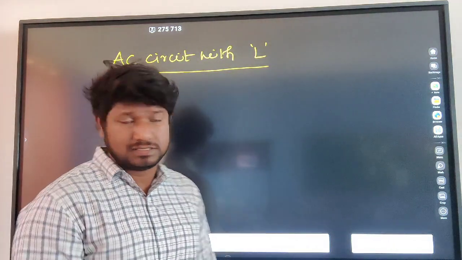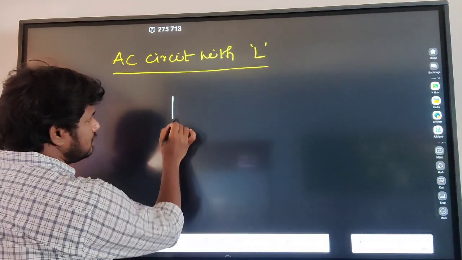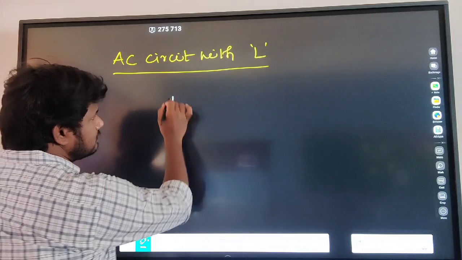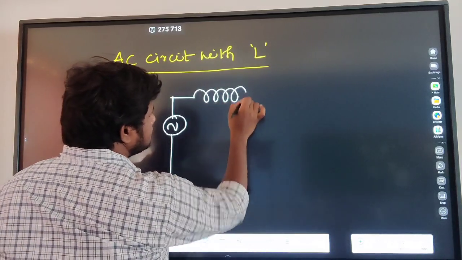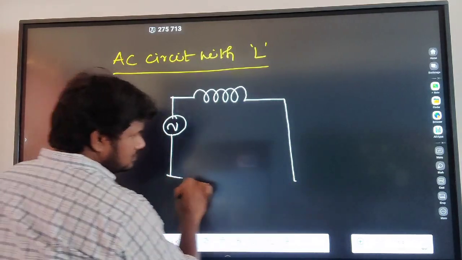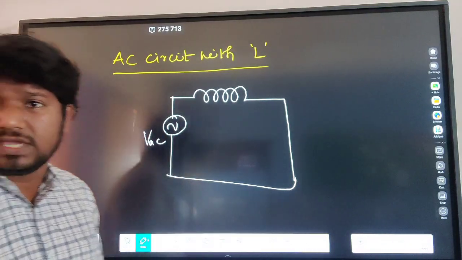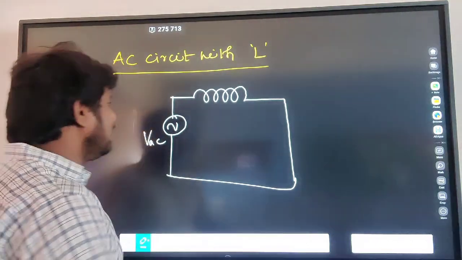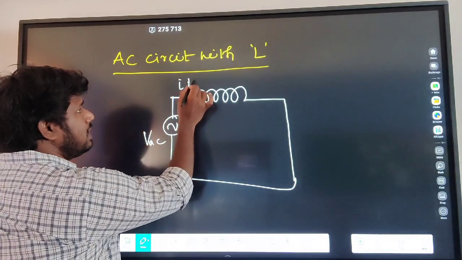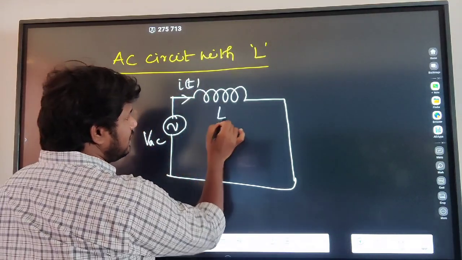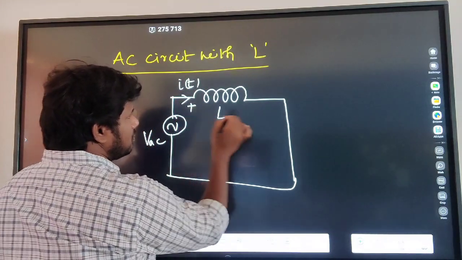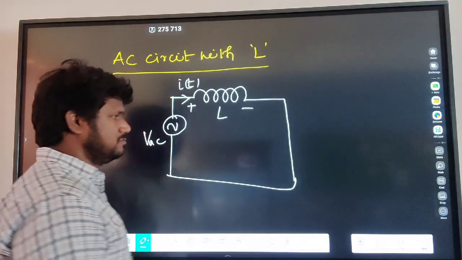Very simple analysis. Take the input AC circuit with inductance and then close the loop. Here also the input supply will be VAC and the current flowing here will be i(t), the instantaneous current. For the inductance, entering is positive and leaving is negative.